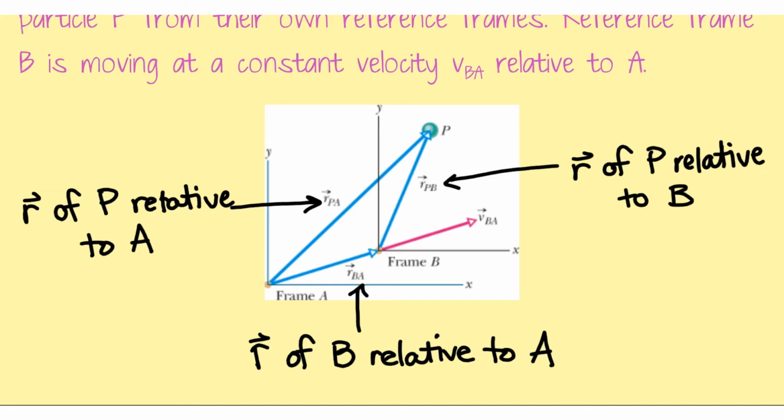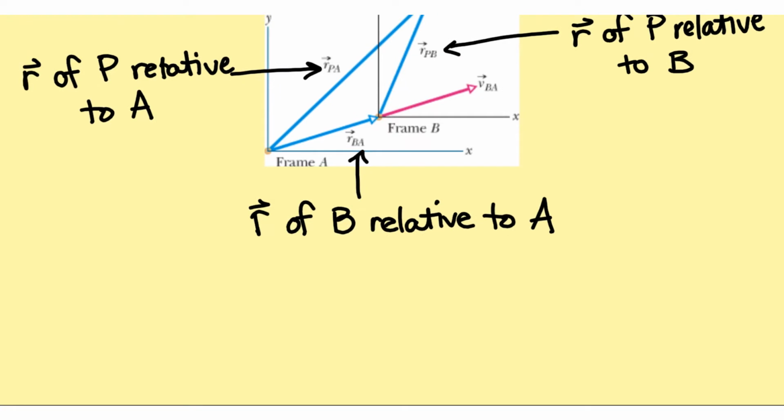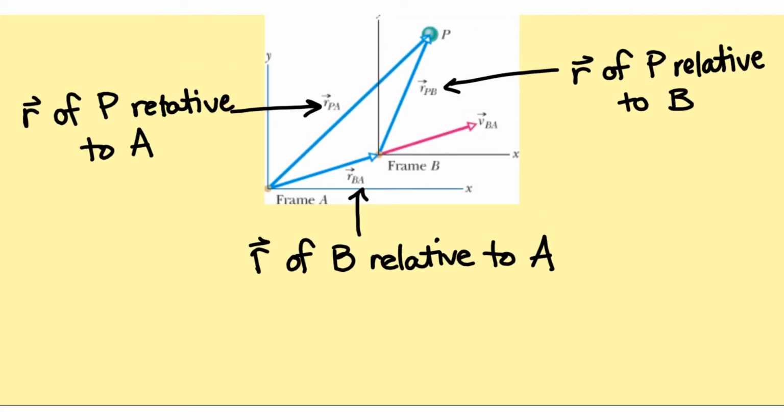So, you'll notice that these three vectors make a triangle, and specifically, I can add these vectors together. Remember that when we add vectors, we put them tip to tail. So I'll notice that RBA and RPB, they're tip to tail. And when I add those two vectors together, I get the vector RPA.